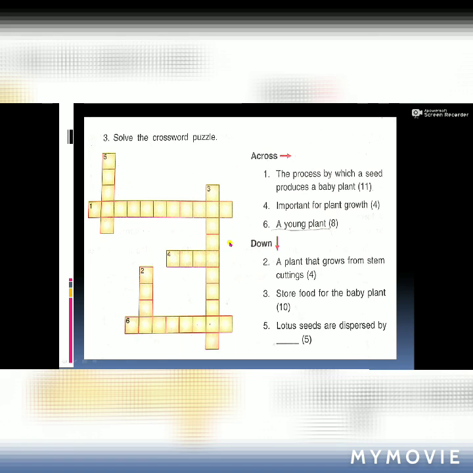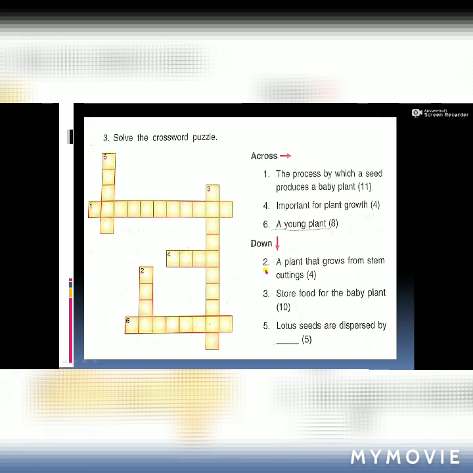Now the downward ones. Number 2, a plant that grows from a stem cutting. You see, these are downward. Number 3 is also in this condition, and number 5 is also. So very simple, a plant that grows from a stem cutting, you have to write.